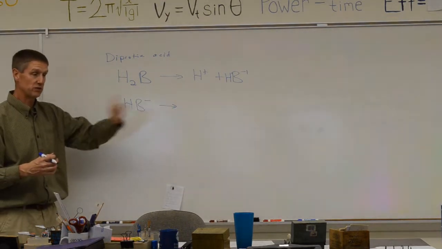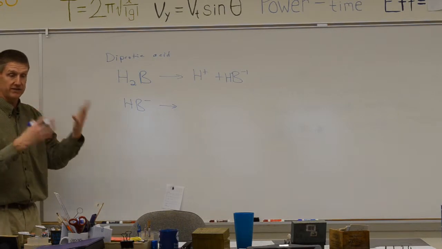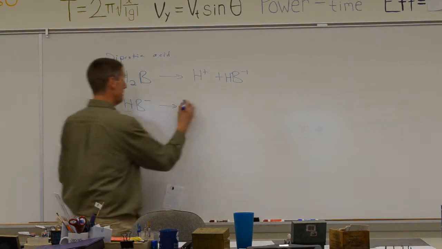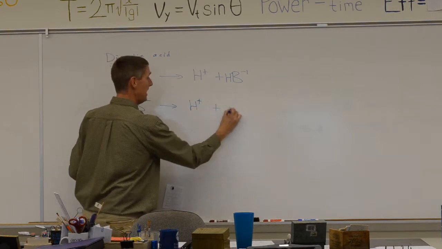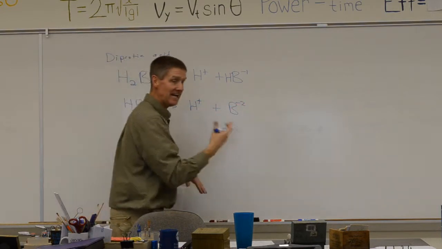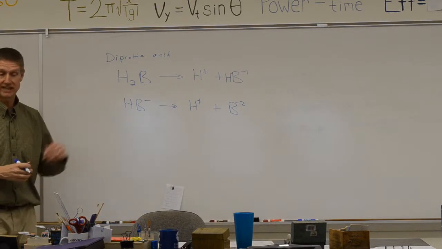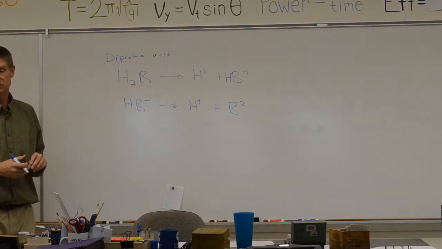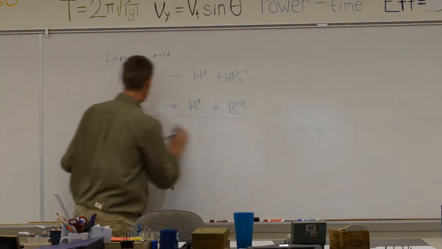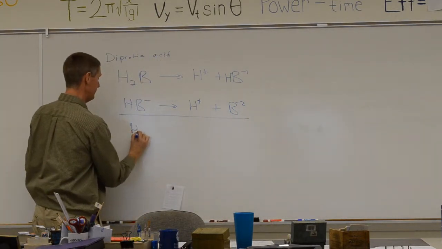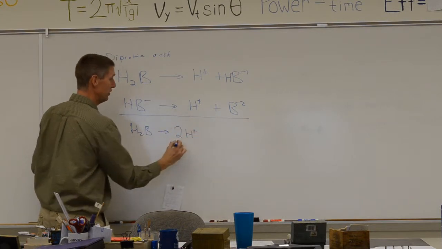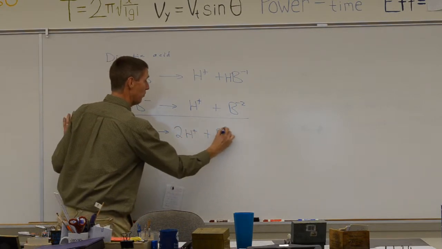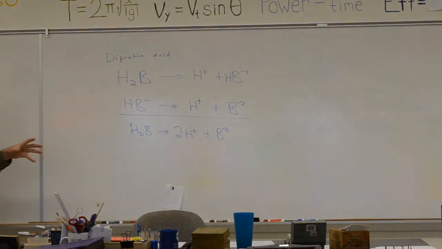Some of them will lose the first one and then the second one right away, or at different times. But the bottom line is that it will eventually lose a second proton and become the anion that has a -2 charge, like sulfate has a -2 charge. Okay? So all in all, this fellow is breaking apart, giving us 2 protons and 1 anion that has a -2 charge.